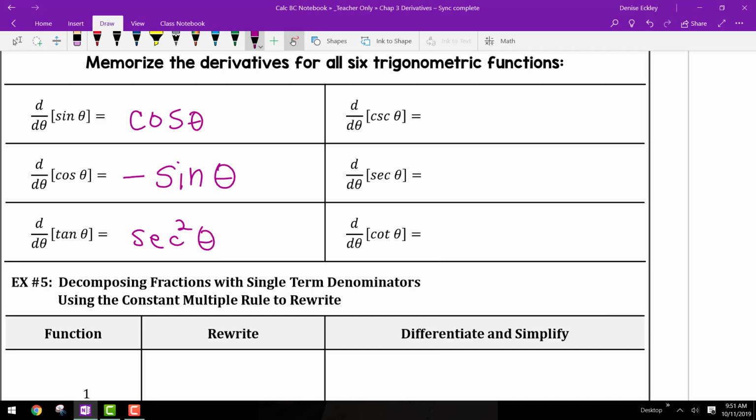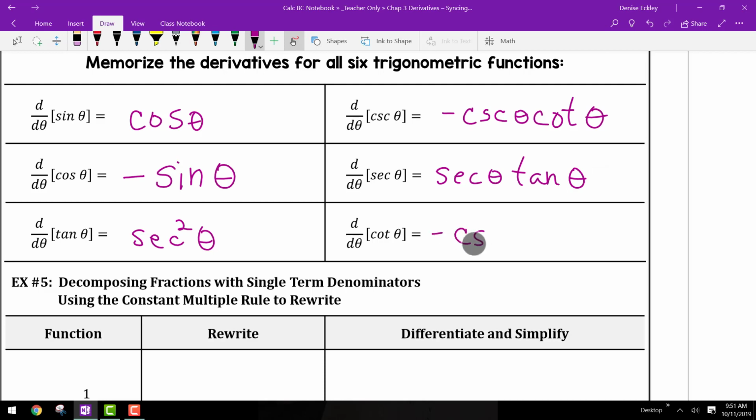The derivative of cosecant is negative cosecant theta cotangent theta. The derivative of secant is secant theta tangent theta. And then finally, the derivative of cotangent is negative cosecant squared theta.